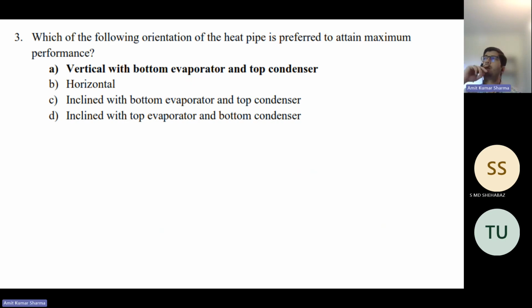I think in this week's third or fourth lecture, there's a complete calculation to show the effect of inclination. Maybe I can give you a hint.